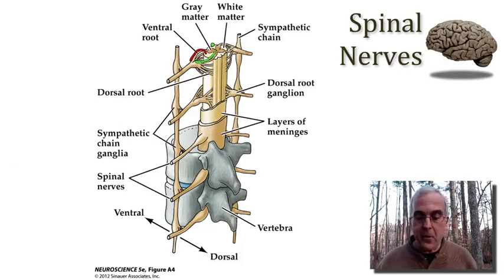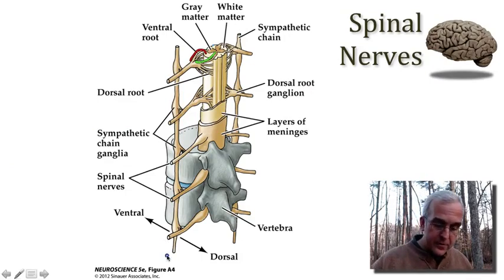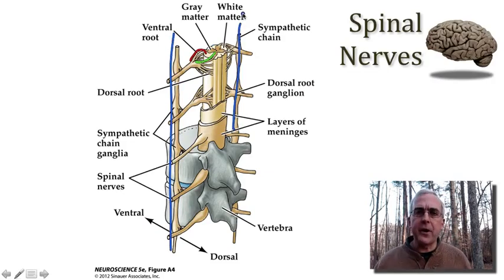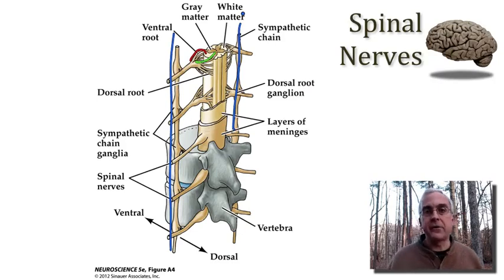Now we also have something called the sympathetic chain, which is a chain of ganglia that runs in the long axis, or the superior to inferior axis of the spinal cord on either side. And we'll talk about this when we get into a discussion of the autonomic nervous system. But within these sympathetic chain ganglia are the neurons that innervate viscera, innervate vascular arterioles, basically wherever there is sympathetic innervation of smooth muscle, cardiac muscle, and glandular tissue.